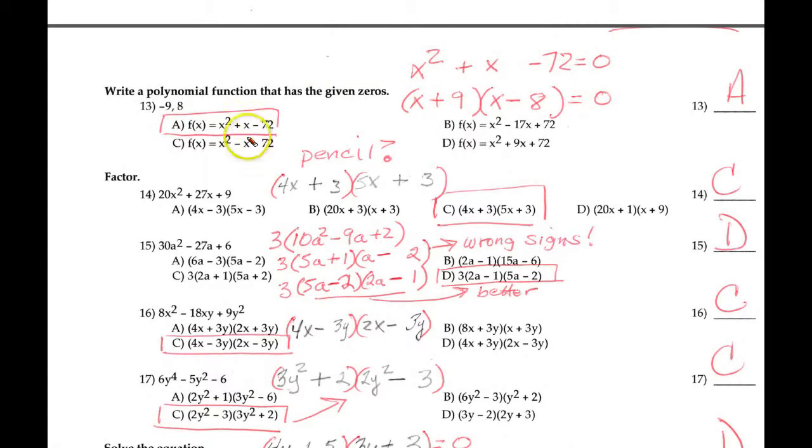So, if our answers are a negative 9, over here it was a positive 9, positive 8, negative 8. So there are my factors. I FOIL this, and I got this, and that was A. Now, as we do some of these others, I'm mentioning the word use a pencil. Because I don't know if you can tell here, but I was erasing.